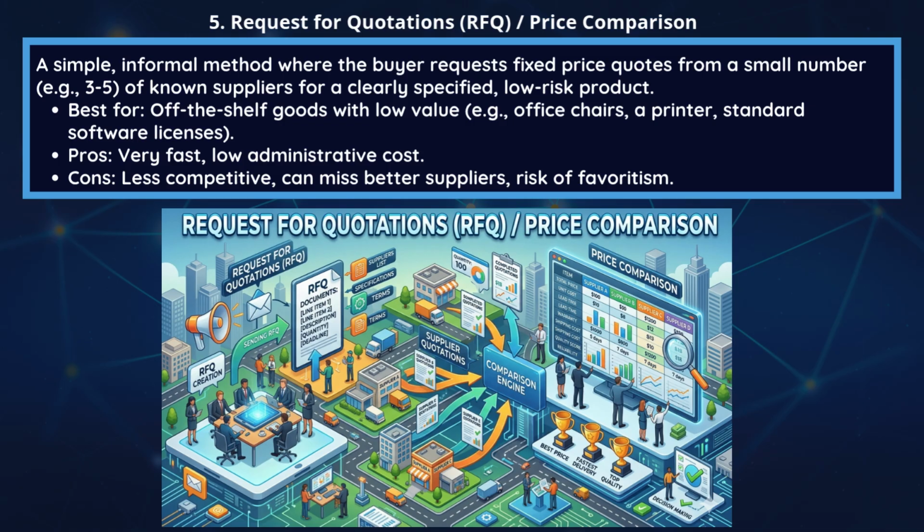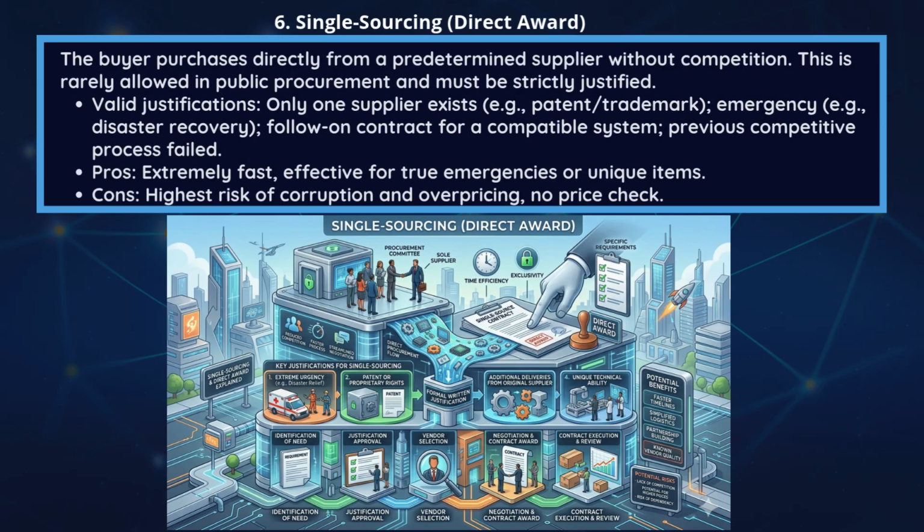Cons: less competitive, can miss a better supplier, risk of favoritism. There is a con as well because it results in the least competition and raises the risk of favoritism.